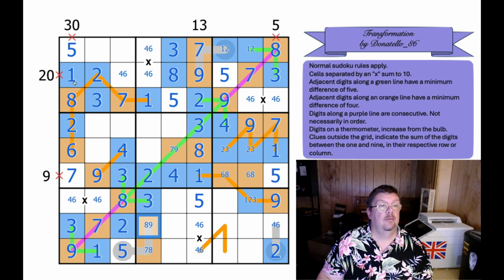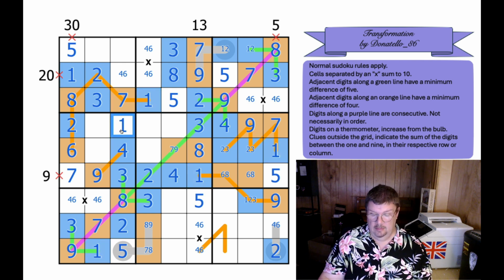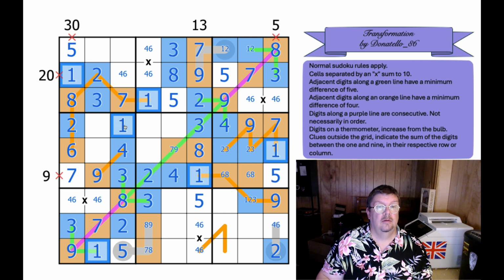How are we doing on ones? Let's see. Well, that's a 1. Got a 1, 2 pair over there. Okay, how about 9s? Are we done with 9s yet? Not quite.